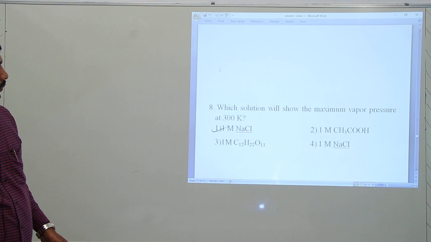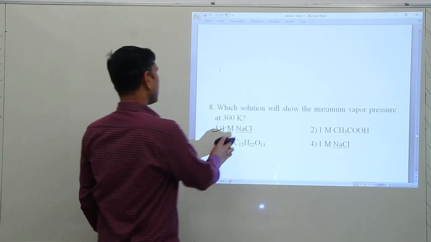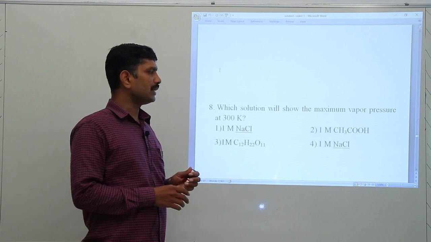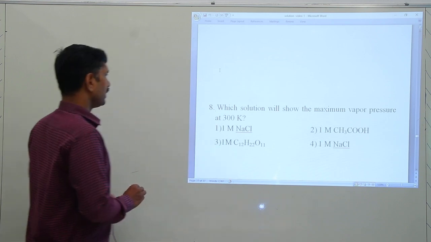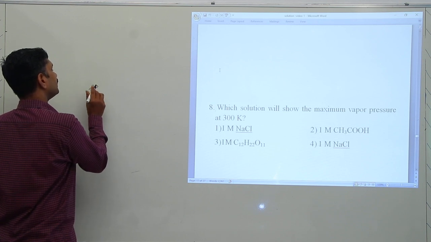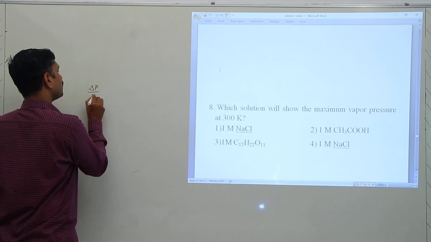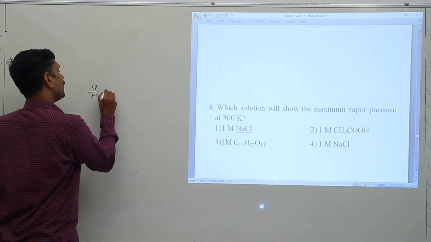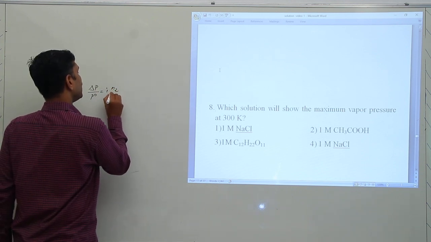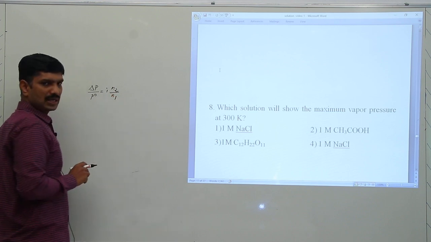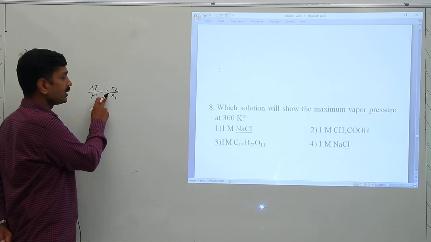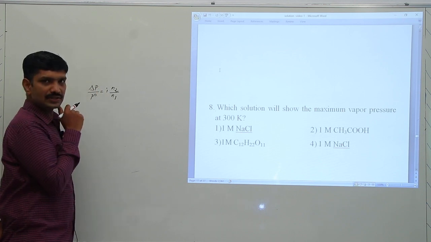So next question, which of the following has the maximum vapor pressure at 300 Kelvin? Here we know that ΔP divided by P naught is equal to i into n2 divided by n1. This is the formula. It means as the i value increases, ΔP also increases.